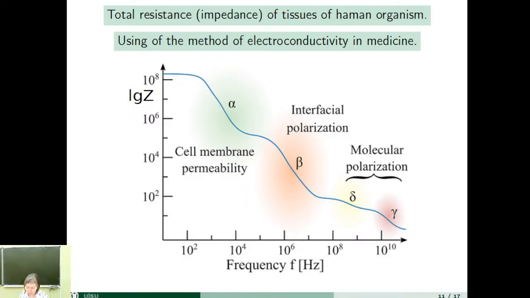The method of electroconductivity on alternating current in living tissues and cells is used in biological research and medicine for estimation of pathological processes. For example, at measurements in the field of low frequencies, increase of resistance of tissue is observed at the first stage of inflammation.